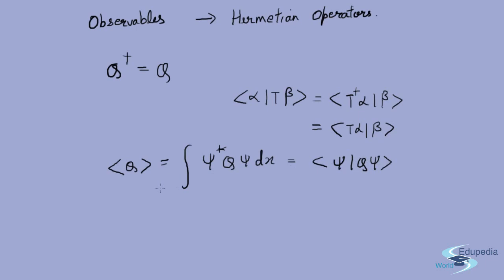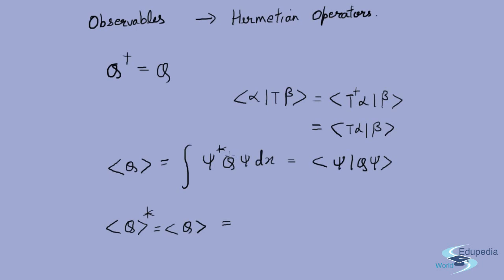Right, but we know that the measured value, the average value of something, whether it's kinetic energy, potential energy, angular momentum, linear momentum, has to be a real number. Whatever we measure in an experiment has to be a real number. It cannot be complex. So that means we have Q star equal to Q, which basically tells us once again that here you could have Q or Q star, it would be the same thing.